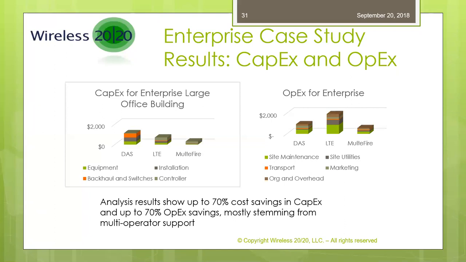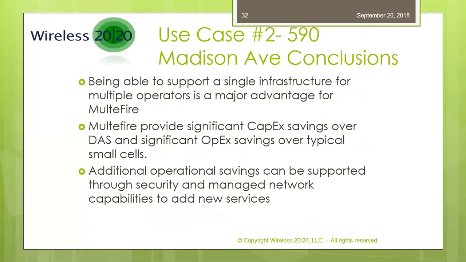And again, if people are interested in really seeing more details around the analysis, you can either refer to the white paper that Mazen talked about earlier, or you can contact Wireless 2020, and we can give you some more details around some of the modeling and the assumptions. So this capability to go into a building and support a single infrastructure for all the operators is a major advantage for MulteFire.